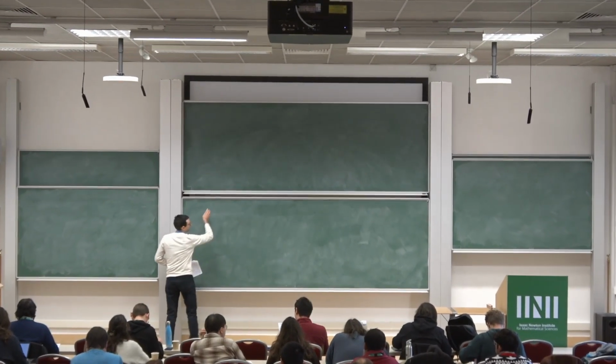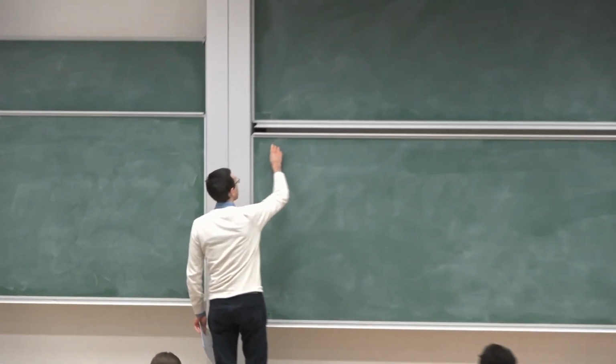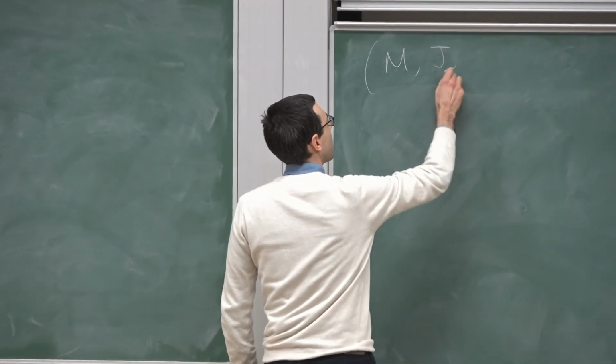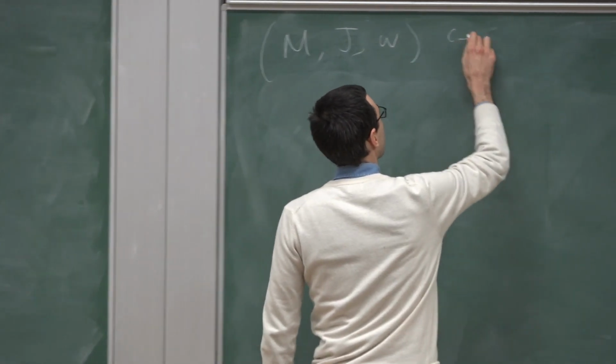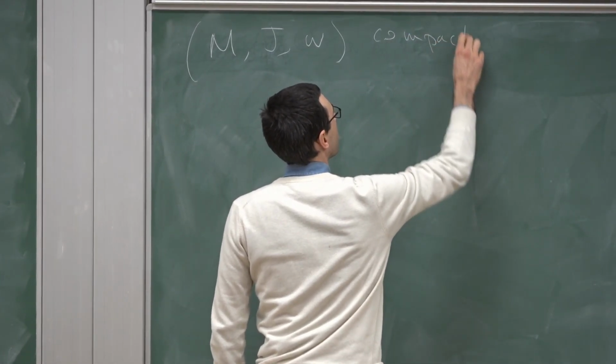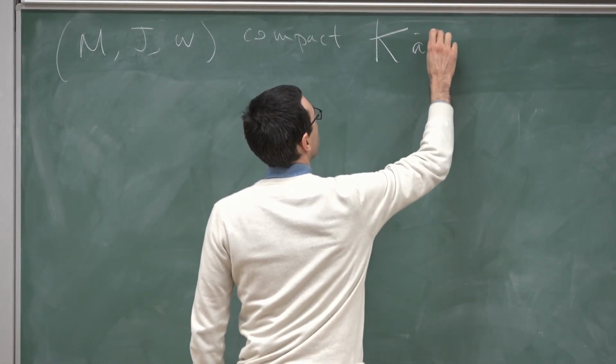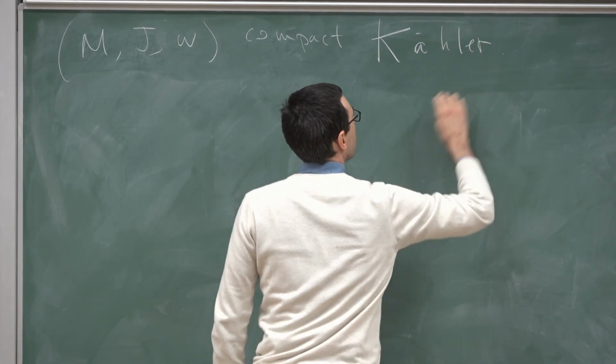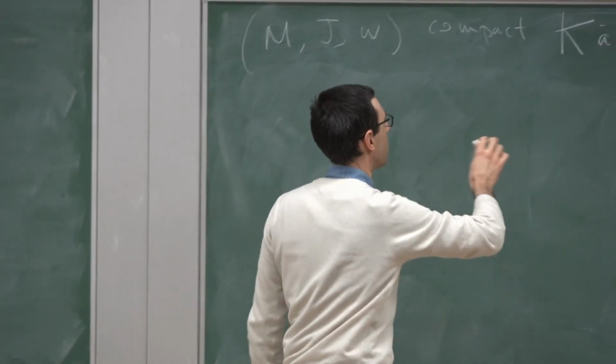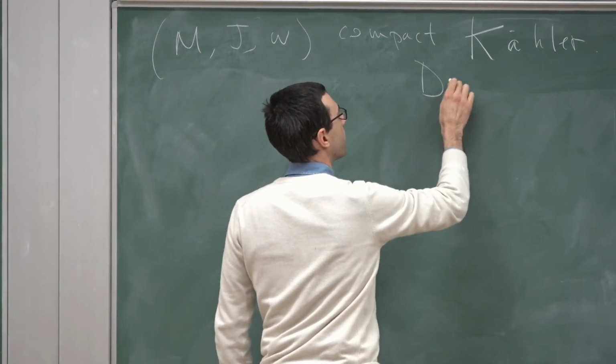So remember from yesterday, we were working with the J omega compact scalar. And we had this Donaldson-Fujiki construction.